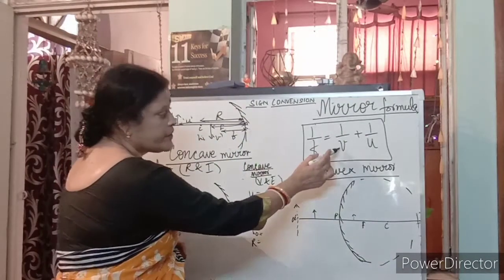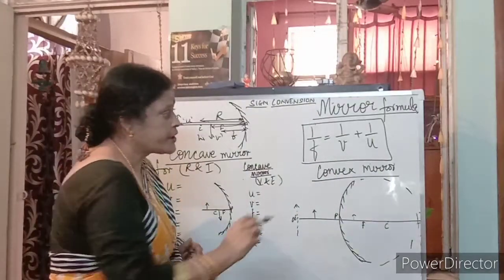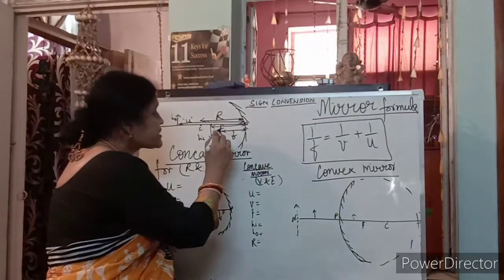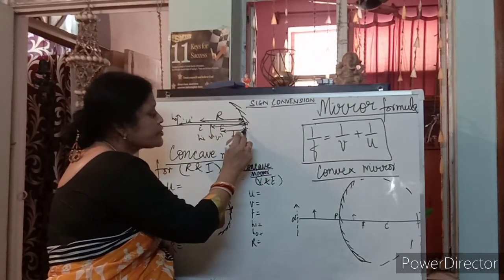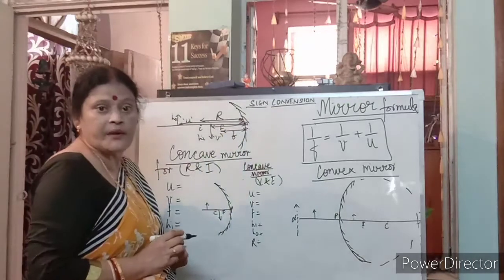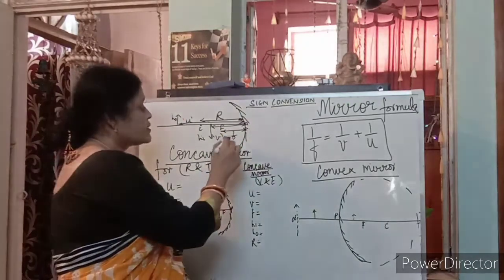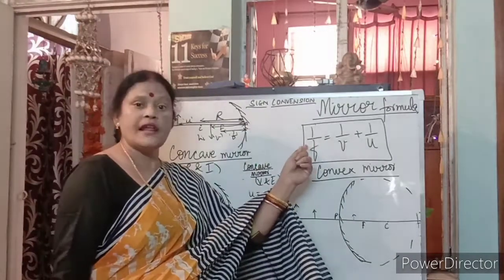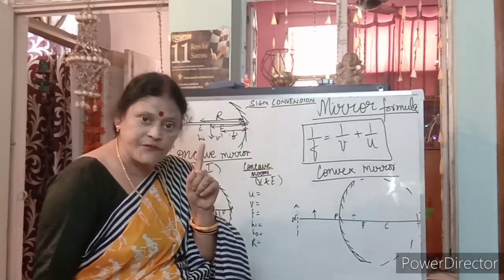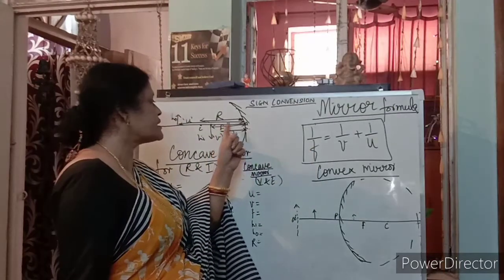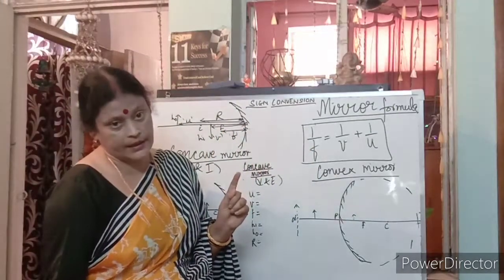So v is the position of the image, u is the position of the object. Clear? Now this is the focus. The length from the focus to the mirror, or from the pole, is known as the focal length, which is represented by small f. Capital F is the focus, small f is the focal length, that is the length from the focus to the mirror. Clear?